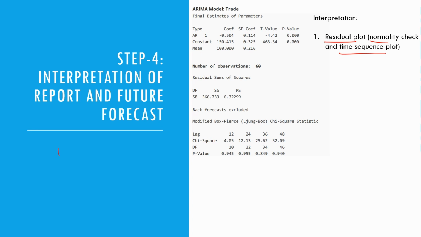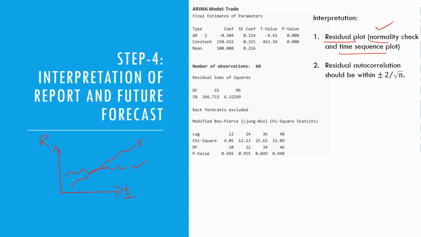Along with the time, we will plot the residuals and see whether the data is stationary or not. That means the residuals themselves should not form any trend. It should be flat with respect to time. So that is the first check, and also the normality check.